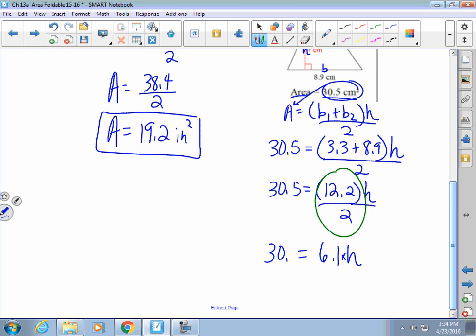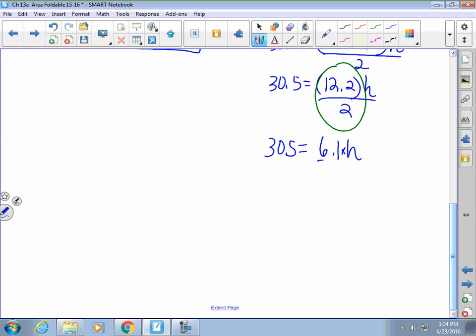That's still going to equal the 30.5. But then when I divide by 6.1, so now we can calculate the height, and then our height comes out to a perfect whole number of 5 centimeters, I believe. Yeah, forgot my units. Let me fix that. 5 centimeters is the height.